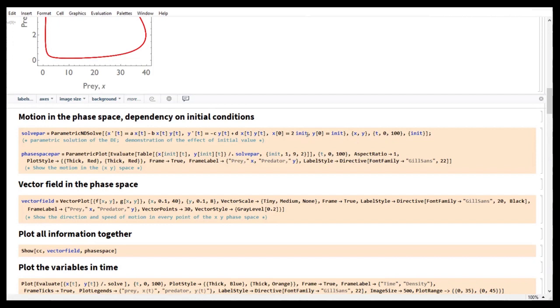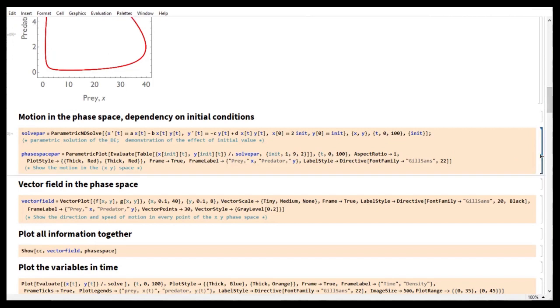That is, init is the parameter, and we determine that in the parametric solution, init is the parameter which can be changed. And after that, we gave a parametric plot command and make a table with the solutions depending on init, and this init can change in a given interval. I have given the interval, and after that we have given the plot style just to make a nice plot.